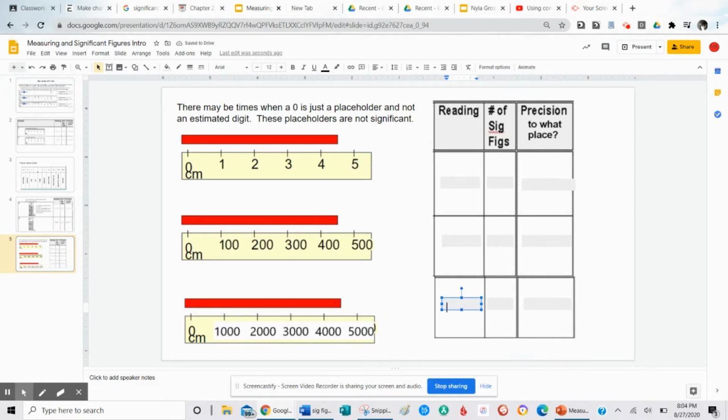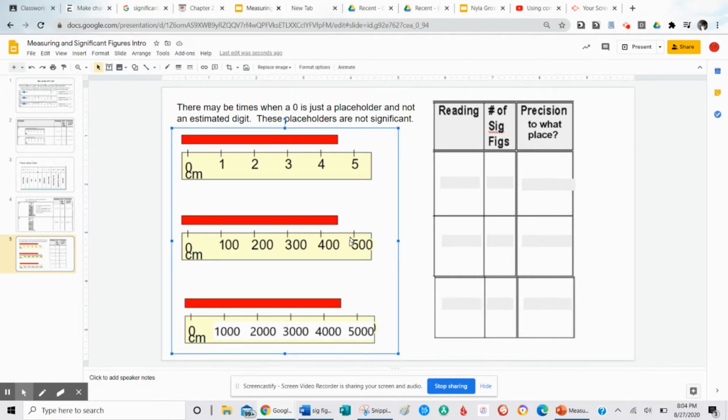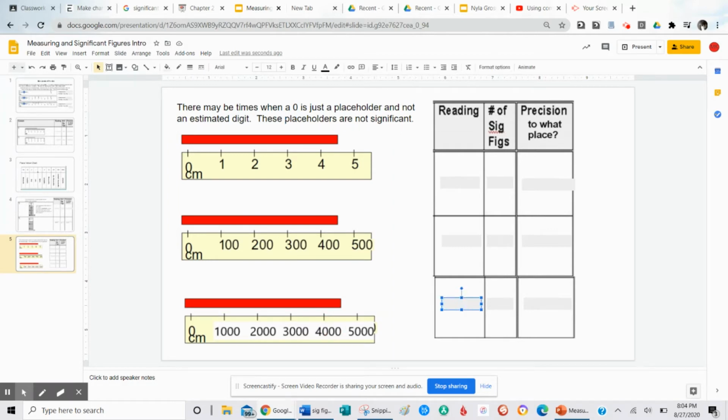We did these 2 rulers together, and now this ruler, it's between 4,000 and 5,000, so I know 4,000 for sure. That's my thousands position, so my guesstimate in between can only be one place value down, so I'm going to guesstimate the hundreds position, and I'm going to say that's a little over 500, so I'm going to guess that's 600.